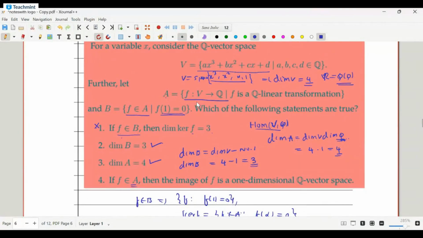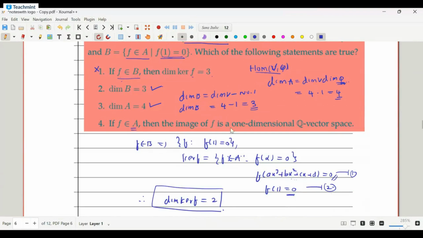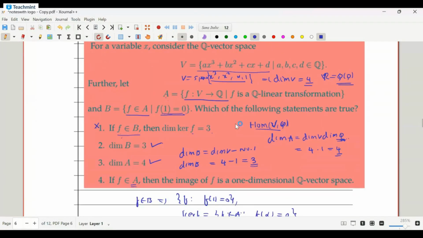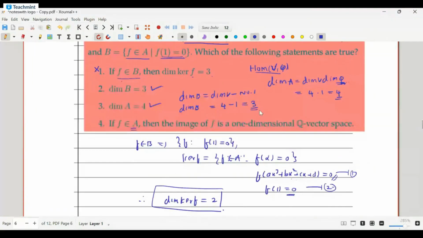కాబట్టి ఇక్కడ ఇందులో A లో నాన్ జీరో ట్రాన్స్ఫర్మేషన్స్ కూడా ఉంటాయి. దాని యొక్క మాక్సిమం డైమెన్షన్ ఈజ్ 1, sir. Either 0 or 1 ఉంటుంది. Then the image of f is one dimensional Q vector space. So therefore option 4 may be true. So option 1 is wrong.